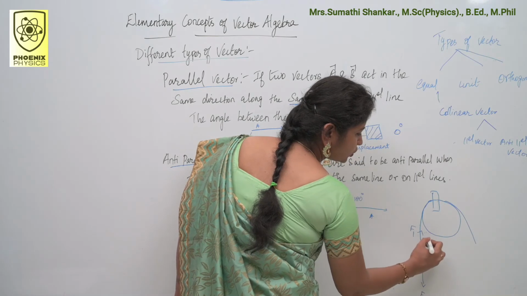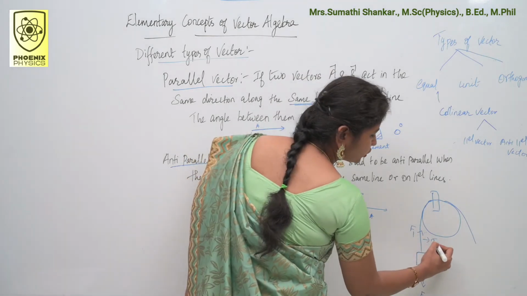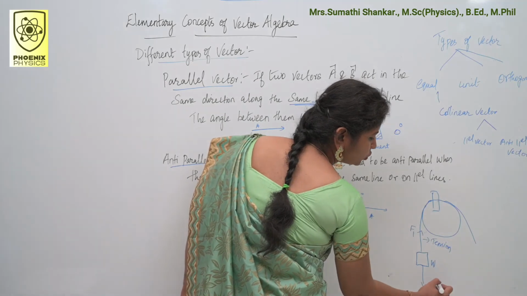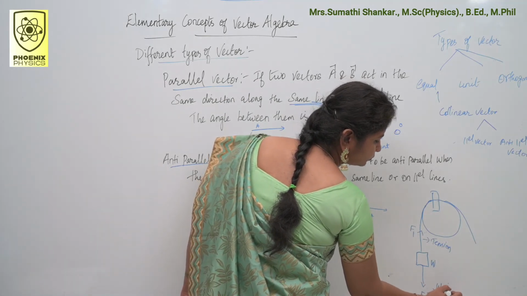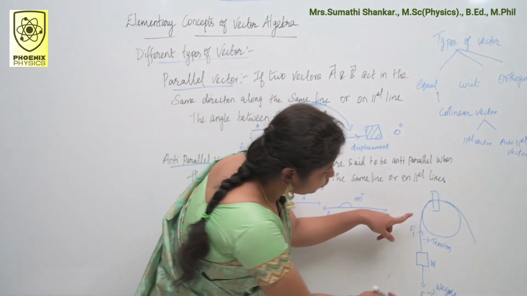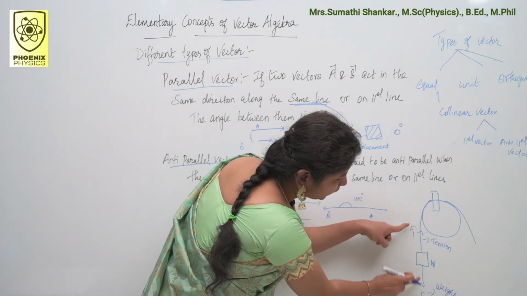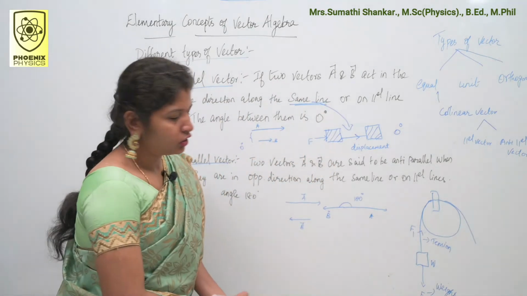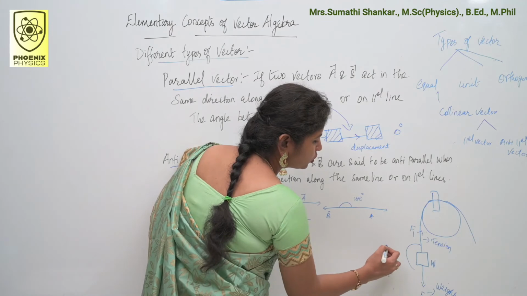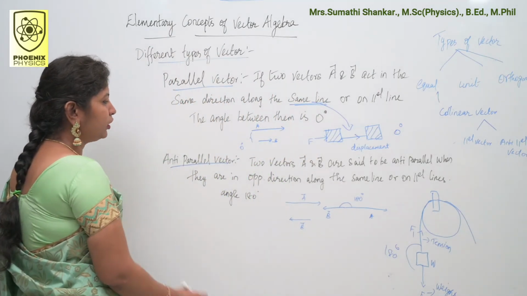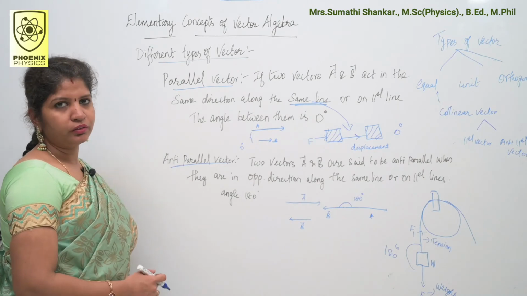So this F1 force is due to tension and this F2 force is due to weight. Here these two forces act on the same line but in opposite direction. So here the angle is 180 degree. This is one example for anti-parallel vector.